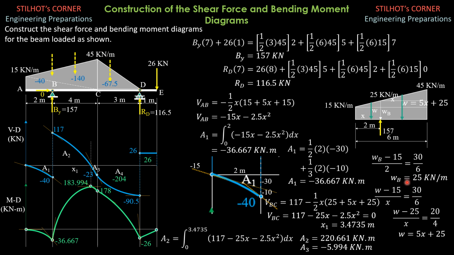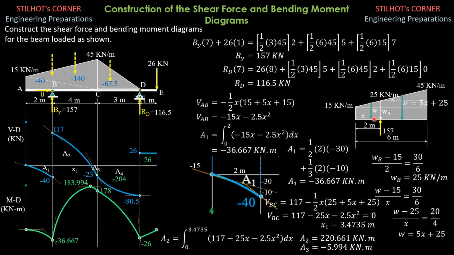So when x is 0, 5 times 0 plus 15 is 15. When x is 2, 5 times 2 plus 15, so that's why you have 25.